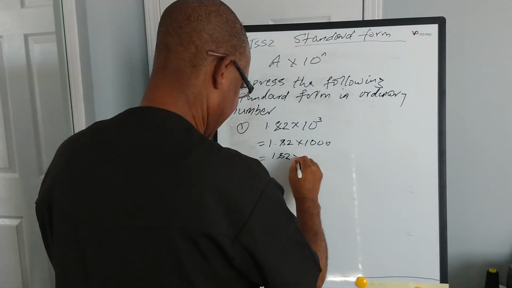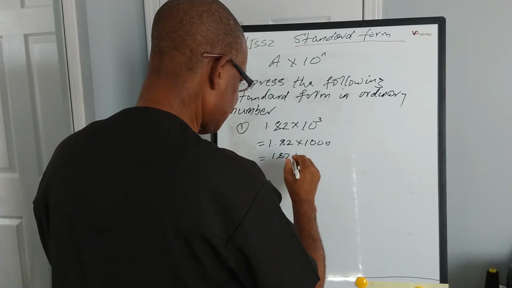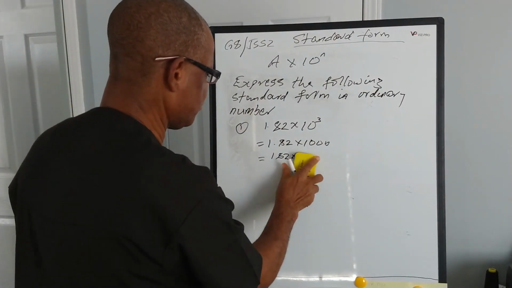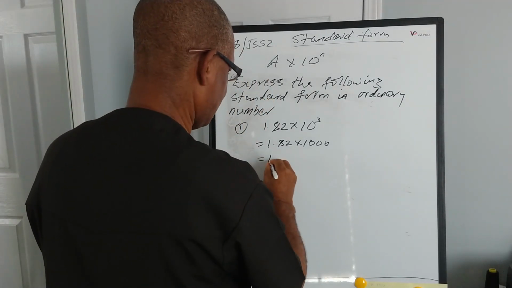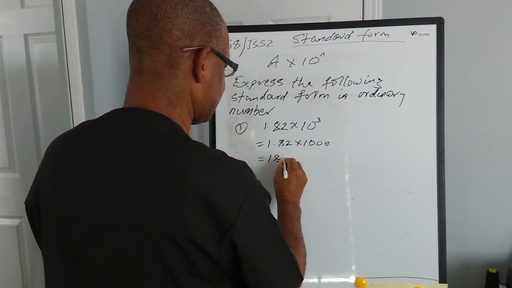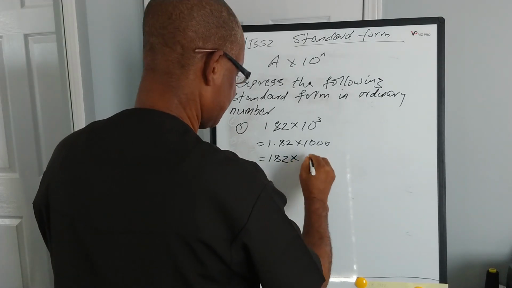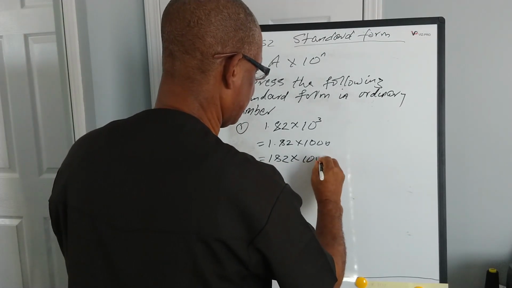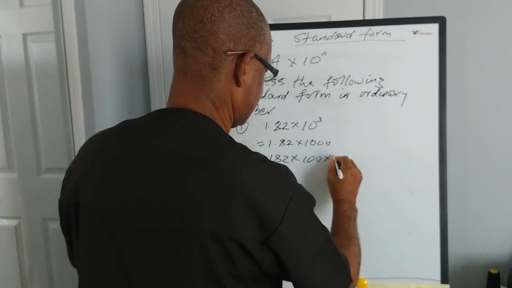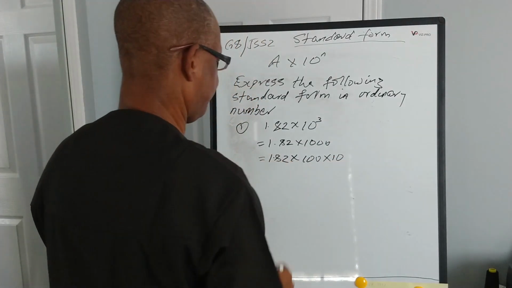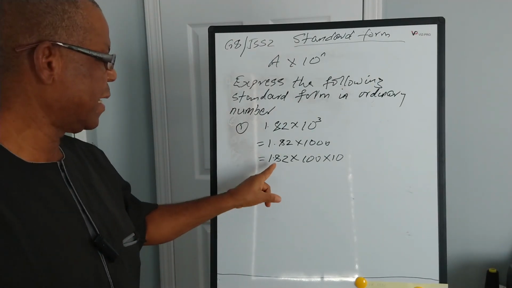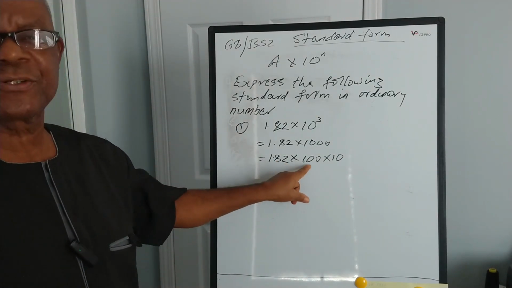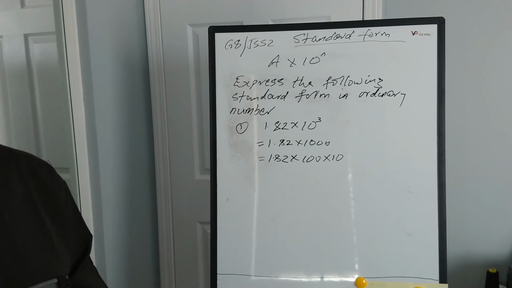And ordinarily, this becomes 182 times. Okay? We can put it this way for your understanding. This becomes 182 times 100 times 10. That is 1.82. Why did I do that? To show you that we still have 2 decimal places. 2 zeros will take care of it, and we still have 1 remaining.